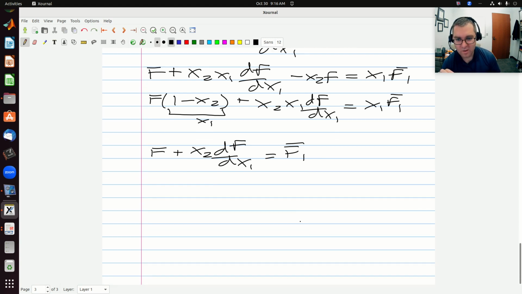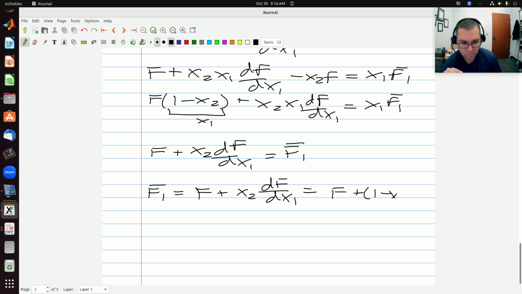Oh, so I get to my final expression that f bar 1 is equal to f plus x2 df/dx1, and that'd be equivalent to, if I want to keep everything in terms of x1, 1 minus x1 df/dx1. Right, now I'll make the note that my derivatives now just involve x1.